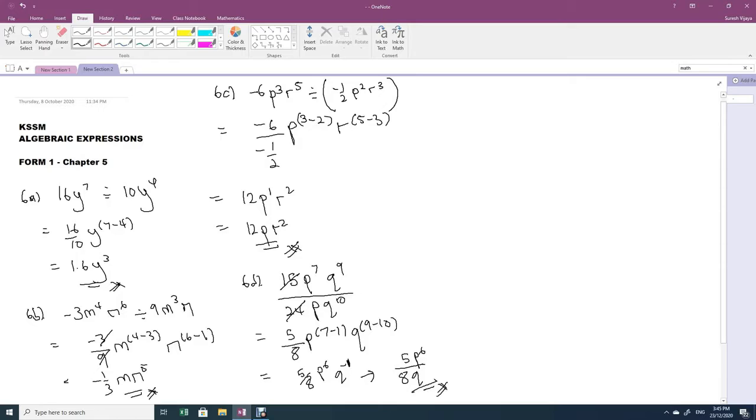Let's move to question 6e. So we have 18 a b to the power of 2 c to the power of 9 divided by 4ab c to the power of 2.